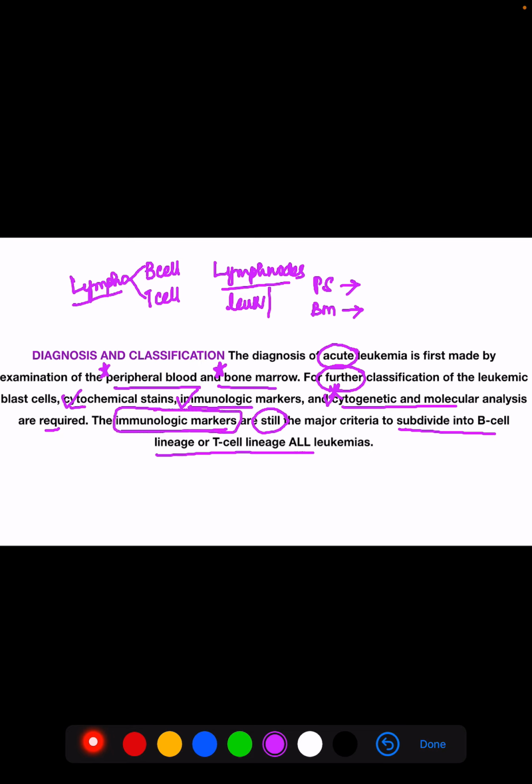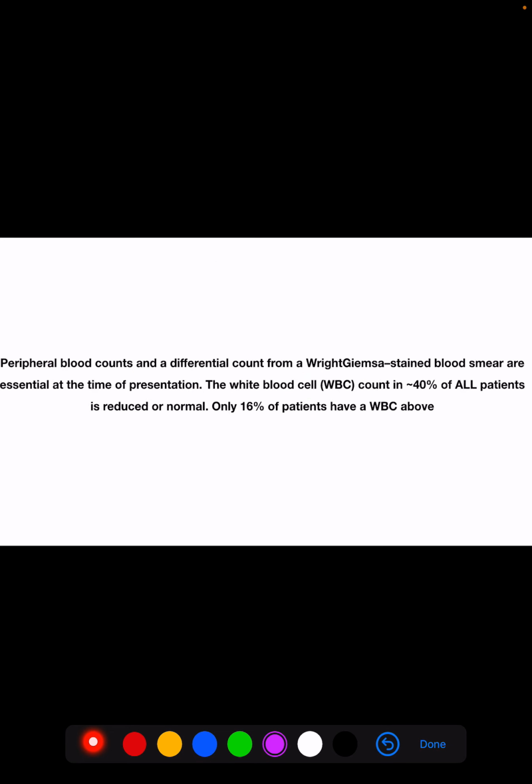ALL means acute lymphoblastic leukemia. So to tell whether it is B cell or T cell, we need immunological markers.